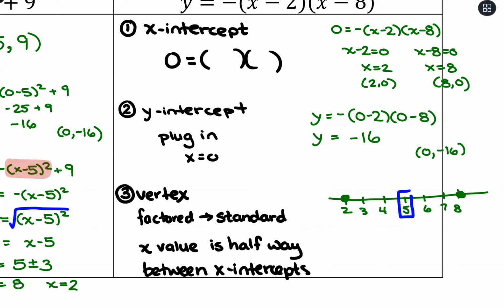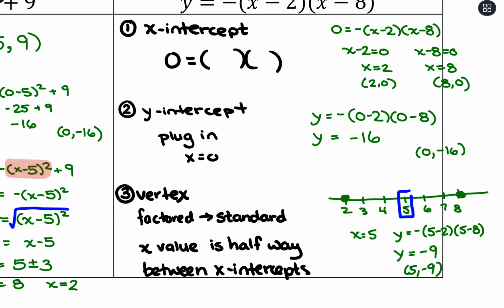So with that, we could jump ahead using geometry and symmetry, that the x-coordinate would be 5, and then I could get the y-coordinate by plugging in 5. So negative (5 minus 2)(5 minus 8). So y equals a negative 3 times negative 3, so a negative 9.